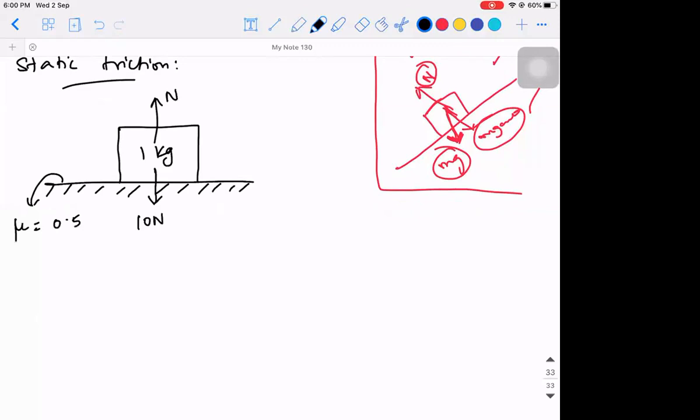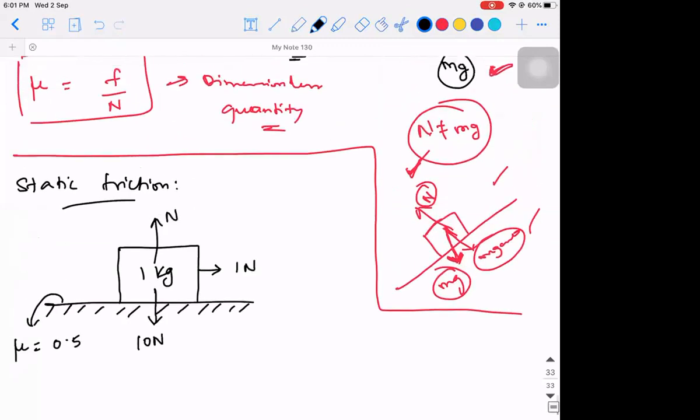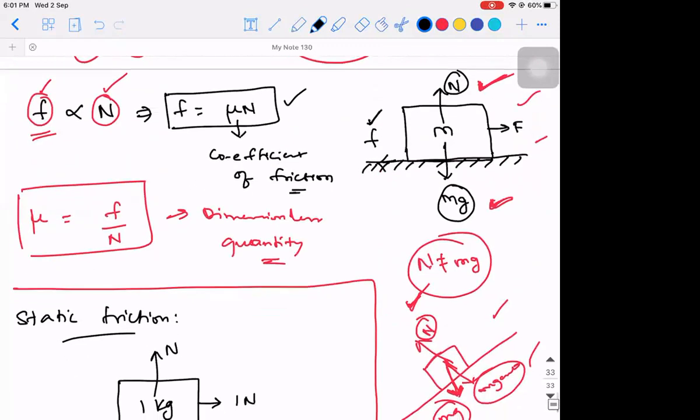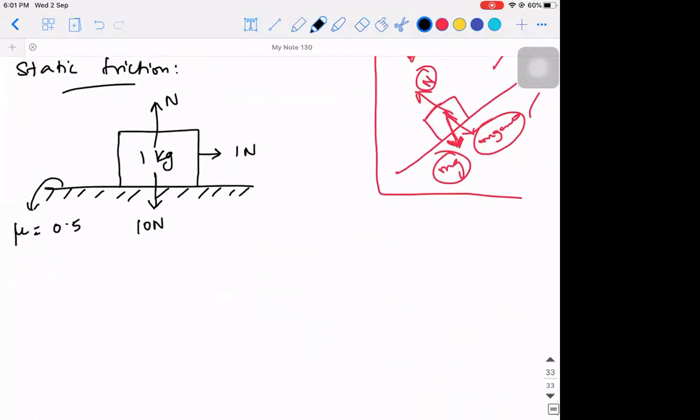I'm just giving you some number. It has a coefficient of friction as 0.5. Now I am applying a force of 1 Newton. I have already given you a formula. What is the frictional force that is going to act on this object?